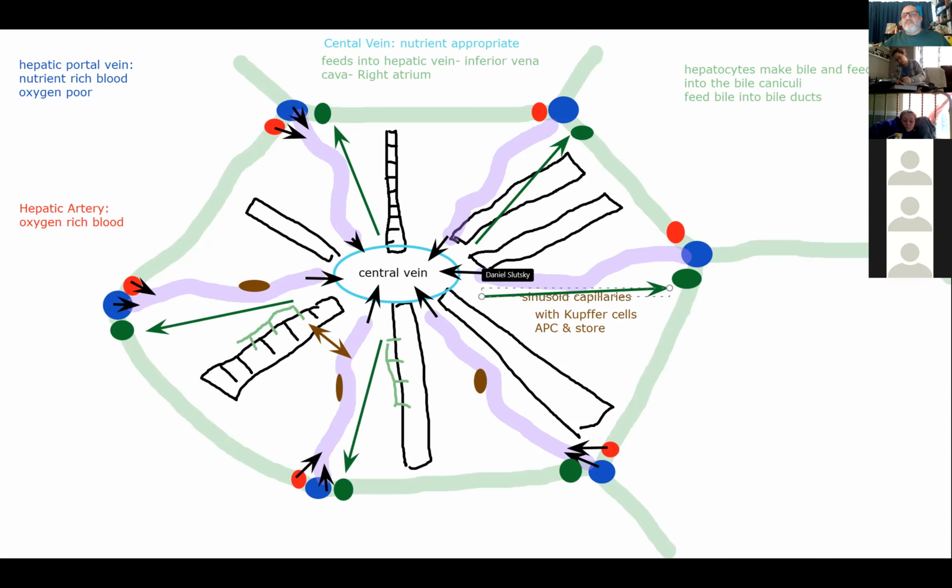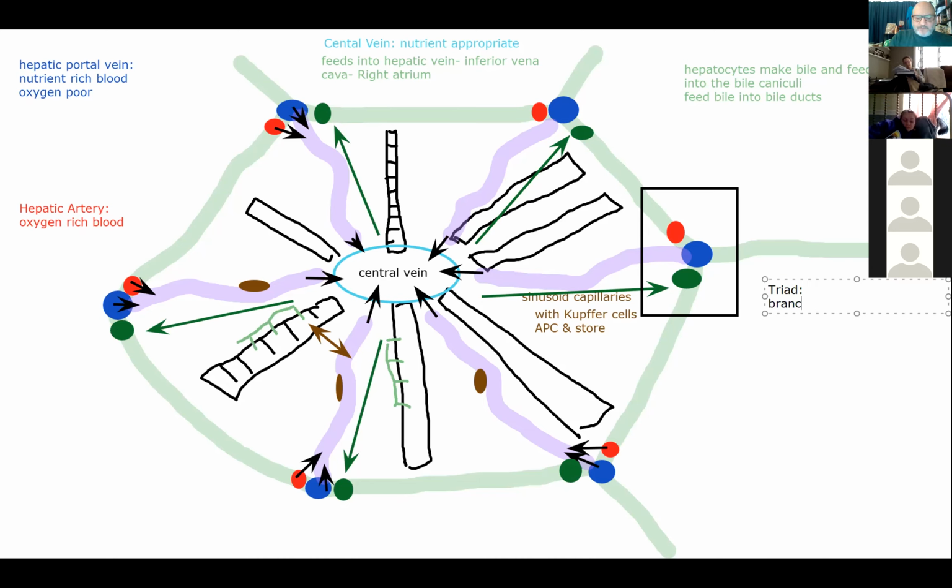And so notice at the corners of our liver lobule are these three important structures known as the triad. And this triad includes three structures, right?